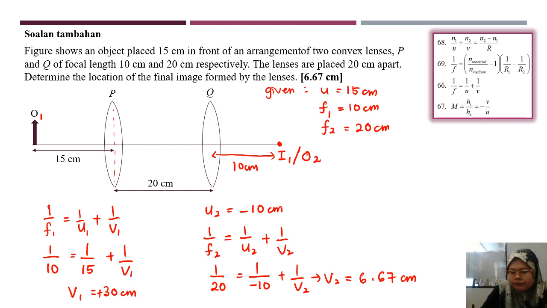Apa maksud positif? Okay, maksud positif adalah the image form is behind of the second lens. Okay, so this will be the final position untuk the combination of the lenses. Okay, so image 2 duduk di belakang lens Q, which is 6.67 cm. Macam tu.